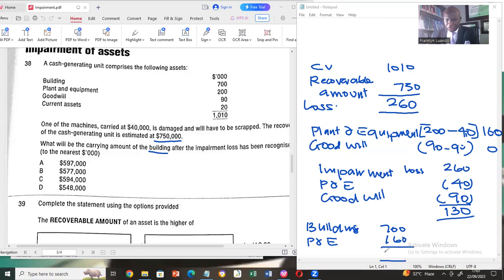So the total is 860. So now we are interested in the building. How much are we going to allocate to the building? So here divide by 860, multiply by 130. That is what we call on a pro rata basis. So there we have, to the nearest 1,000, this will be 105.